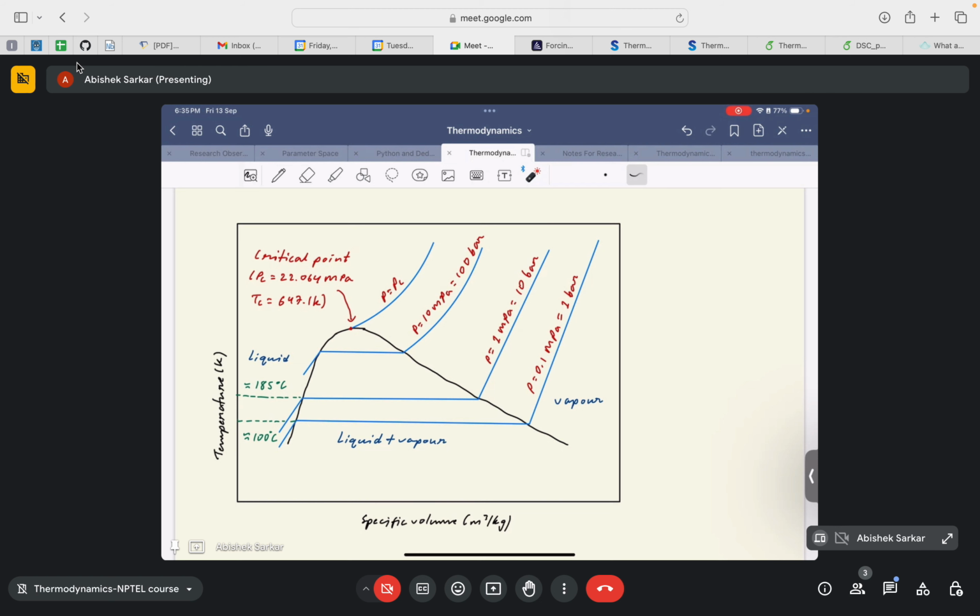If we increase the pressure up to P equal to PC, which is the critical pressure, you will see that at the critical point, the temperature is 647.1 Kelvin, and the corresponding critical pressure for water in this case is 22.064 megapascal. These are standard values for water. It is good to know, but no need to memorize, because this will already be given in the steam table.